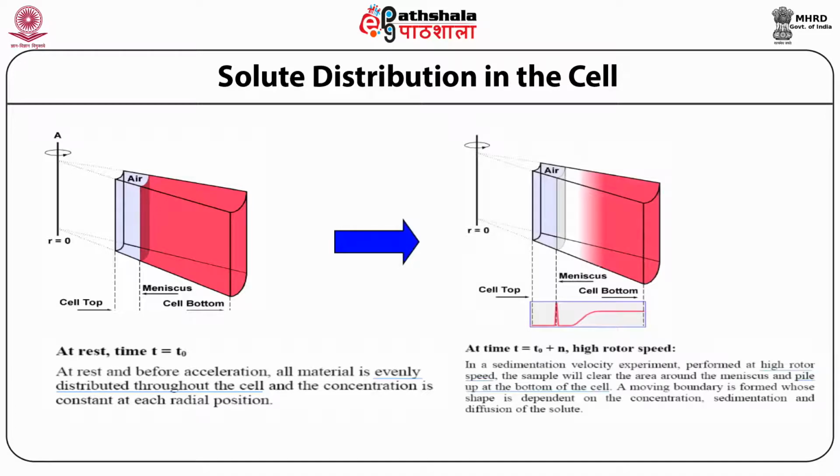But at a particular time, like t0 plus n, at high speed of the rotor, in a sedimentation velocity experiment performed at high rotor speed, the sample will clear in the area around the meniscus and pile up at the bottom of the cell. A moving boundary is formed whose shape depends upon the concentration, sedimentation and diffusion of the solute.